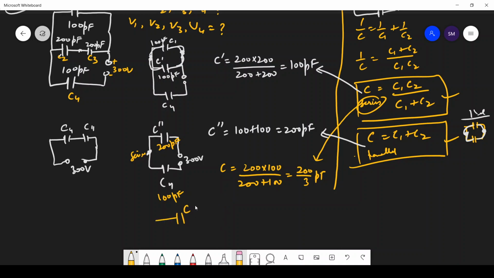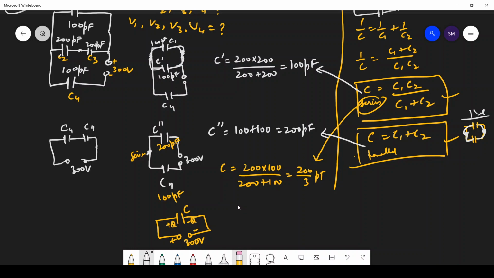This is your C, which is representing the whole circuit, and this is your 300 volt. If this is the positive terminal and this is negative, there will be positive Q charge on this plate and negative Q charge on this plate. Now you need to tell how much is the charge Q on each plate.